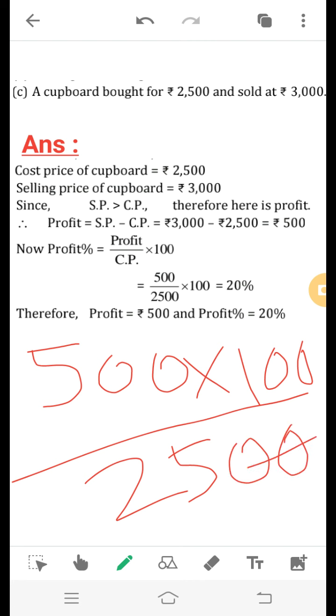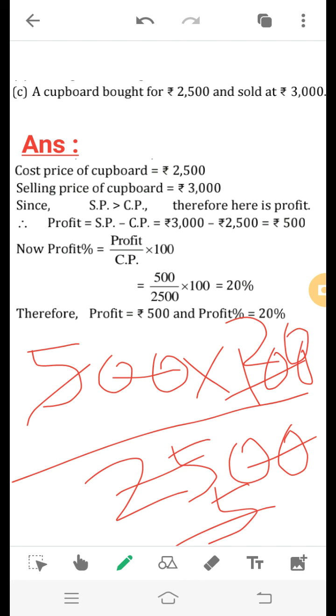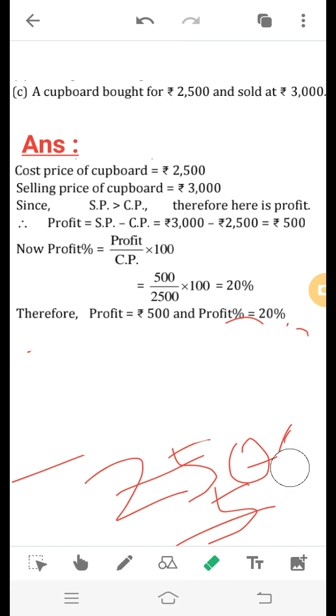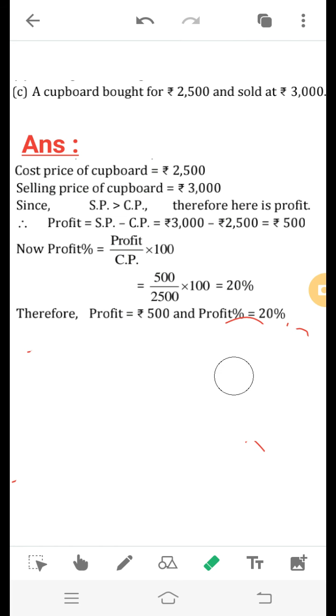Here two zeros cut, two zeros cut. 5 5s are 25. 5 2s are 10. 1 zero here. Otherwise we can say 25 4s are 100. So our answer is 20. 20, that is the percentage.